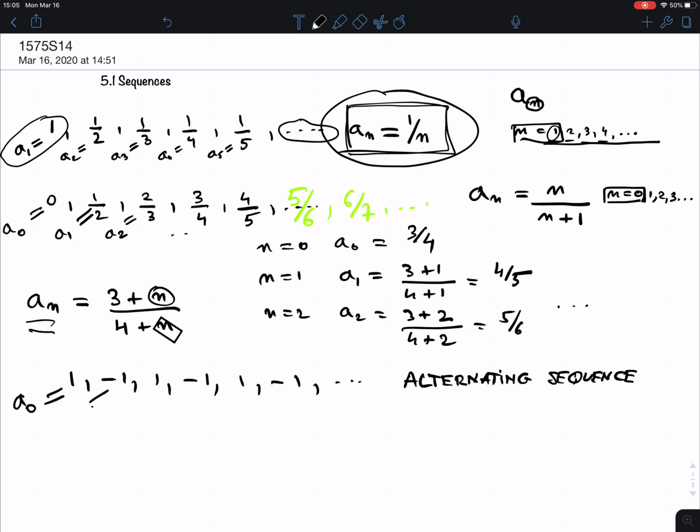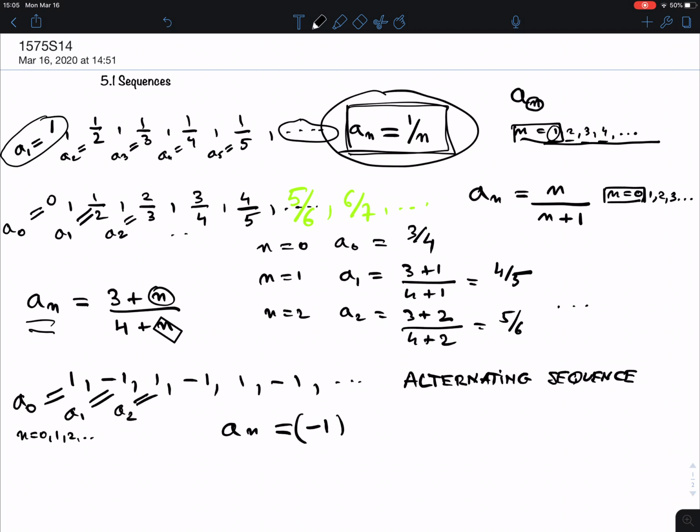I'm going to start with 0 here, for a reason that you will see very shortly. And starting from n equals 0, 1, 2, and so on, the sequence is given by the following formula. What we're going to use is the simple fact that the powers of minus 1 take only two different values. If it's an even power, you get 1, and if it's an odd power, you get negative 1. And that's exactly what we want.